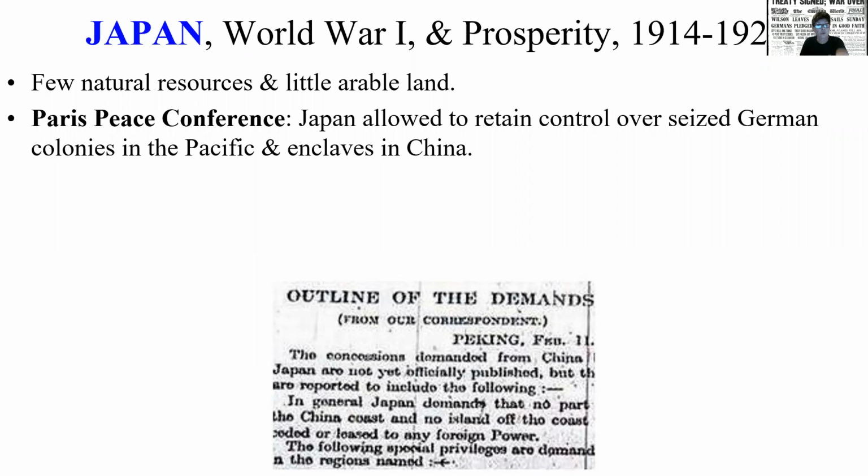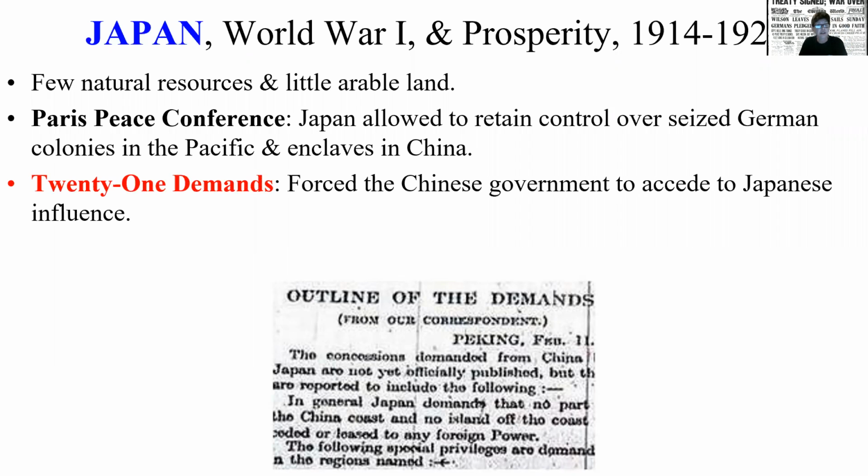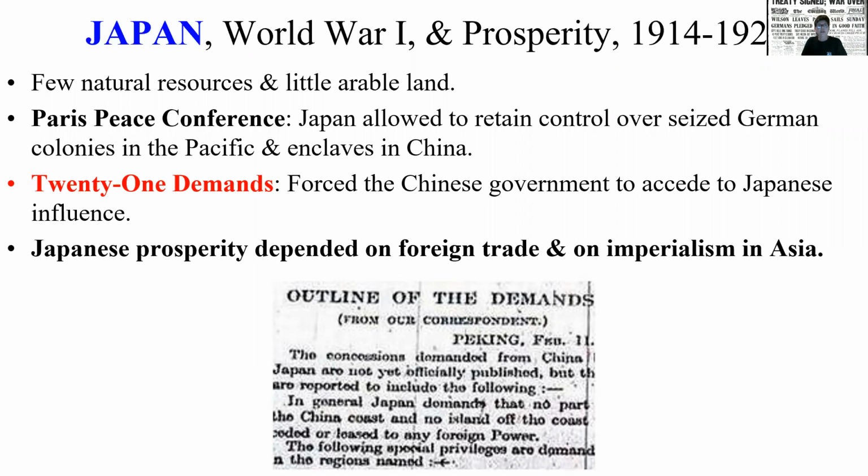Remember what an enclave was? In China, they forced the Chinese government to sign the 21 Demands, which means they had to accept Japanese influence. Japanese prosperity depends on foreign trade and on imperialism in Asia, demand for raw materials and markets. So we're coming back to them.